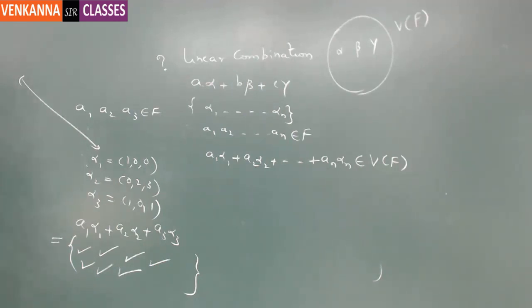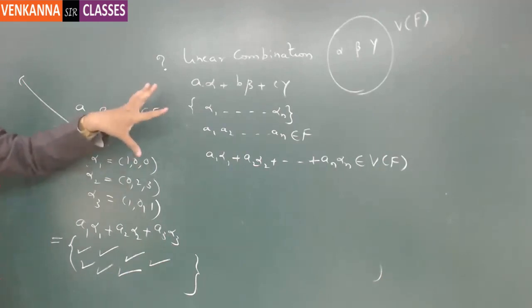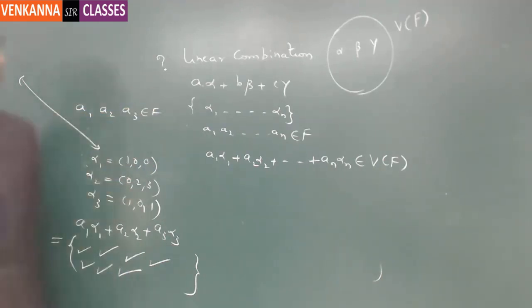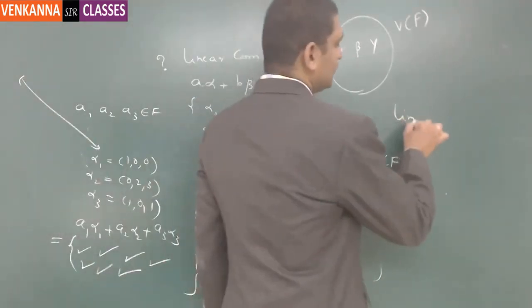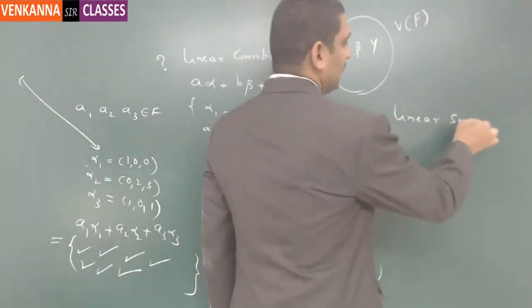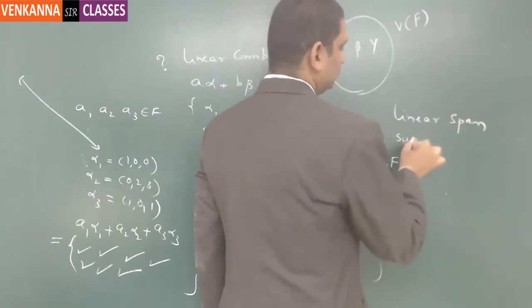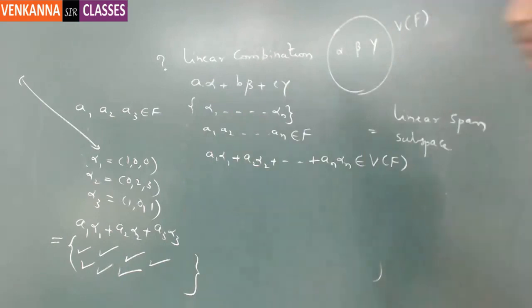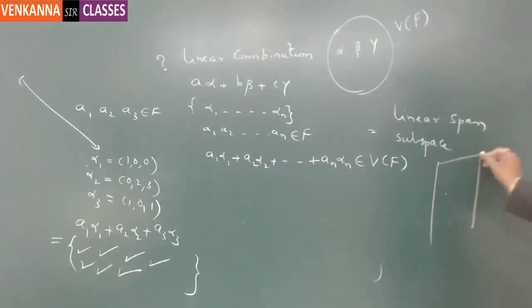And here, if you write all possible linear combinations with regard to a set, it is called linear span. It becomes a subspace. So for our convenience, just imagine like this. Suppose we have taken a plane in the 3D space. This plane is simply observed like this combination of lines.